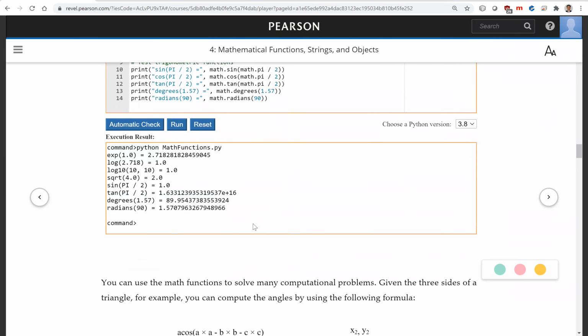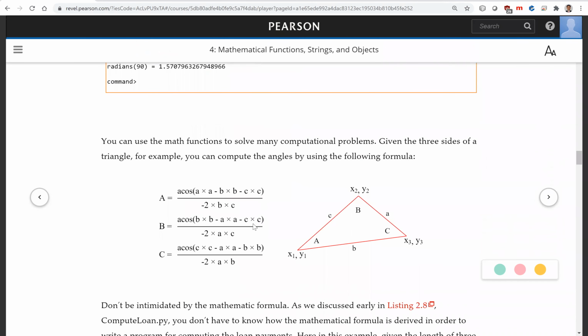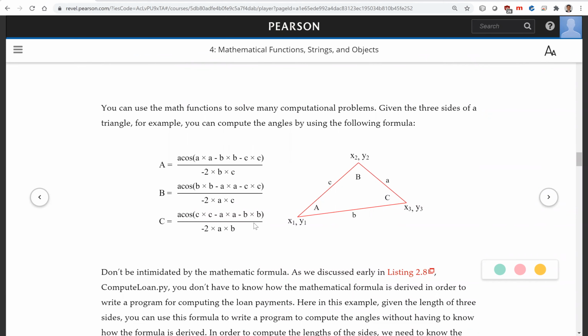Now let's write a program to compute the angles given the coordinates of 3 points: x1, y1, x2, y2, x3, y3. The sides are a, b, c, and the formula for computing the angle is this.